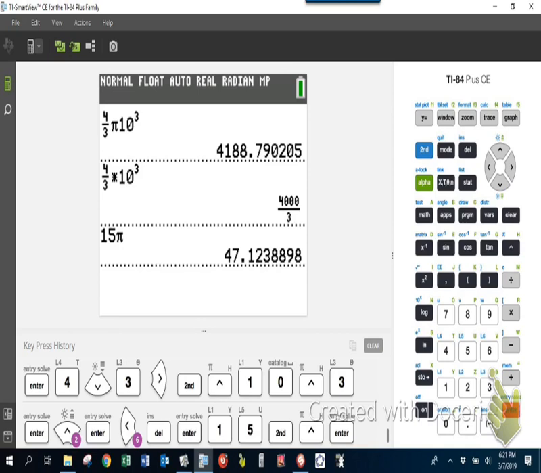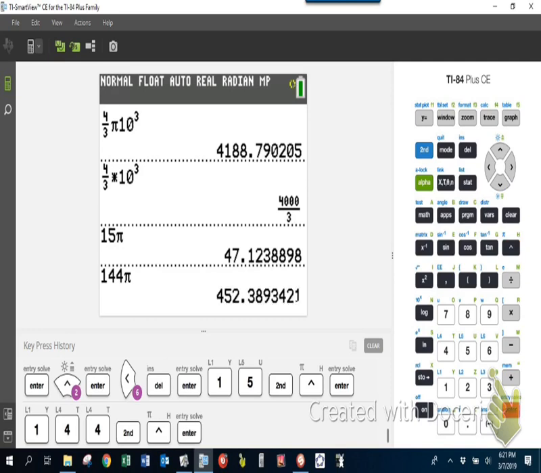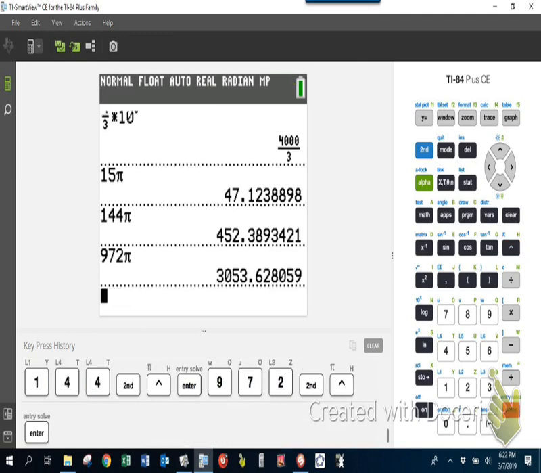So if I check G, what's 144 pi? It's not close to my 4,000, so no. Let's try the next one. So 972 pi. This ends up giving me closer, but still not close enough.